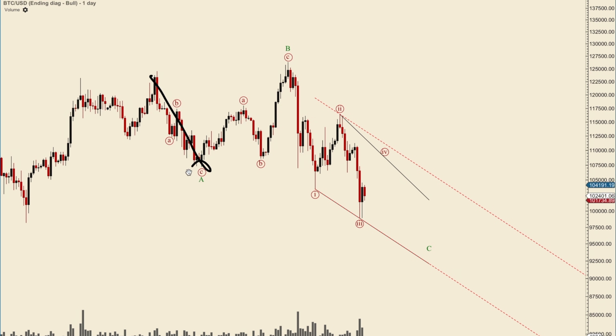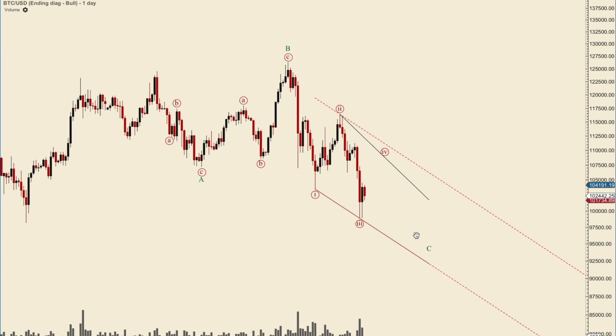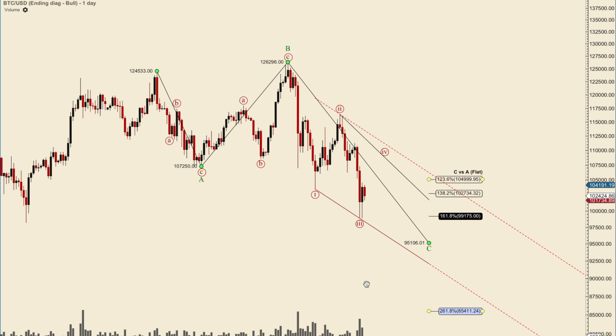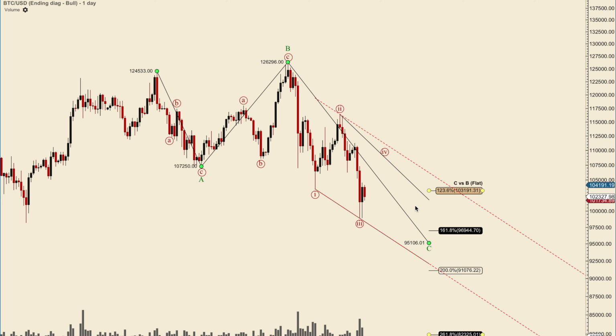So here we have wave A, B, and then 1, 2, 3, 4, 5 into wave C, which fits very nicely with the length of wave C in a flat. And you can see here the prime target for wave C in a flat is here, 161.8, and it's also between these two black pivots here.